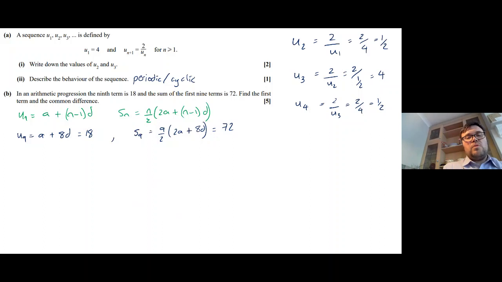How I would do it would be 9 over 2 times a plus 8d equals 72, and then I would just replace this section here with 18. So 72 divided by the 2, if I move that across and check, we would have a plus 18 equals 72 times 2 over 9. 72 divided by 9 is 8, times 2 is 16.